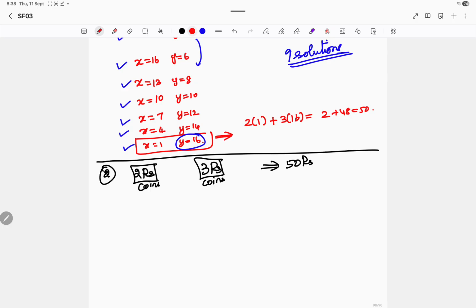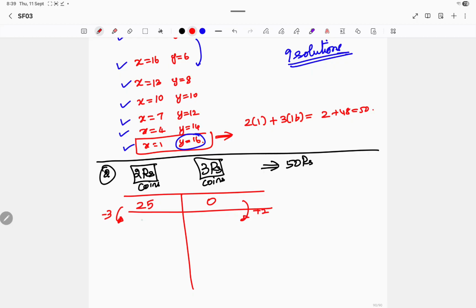Yes. The first logical solution that I would think of is, without 3 rupees coins, let me take all 25 as 2 rupees coins and none as 3 rupees coins. And now the next step would be, I'll keep reducing 2 rupee coins here and I will keep adding 3 rupee coins here.